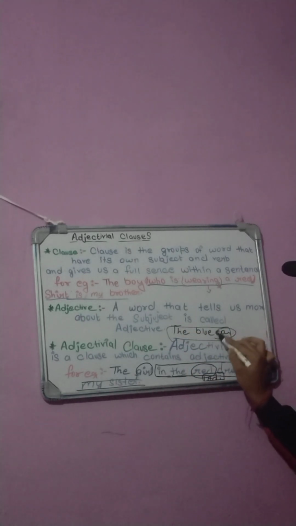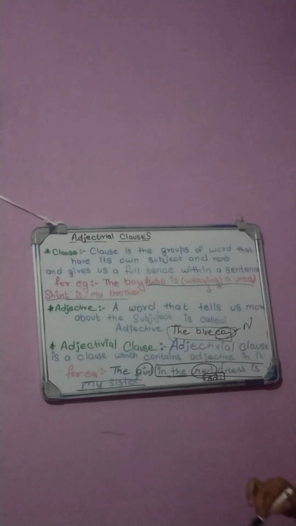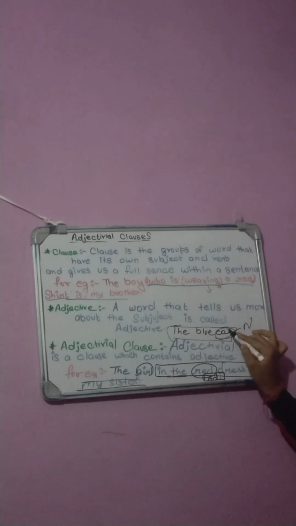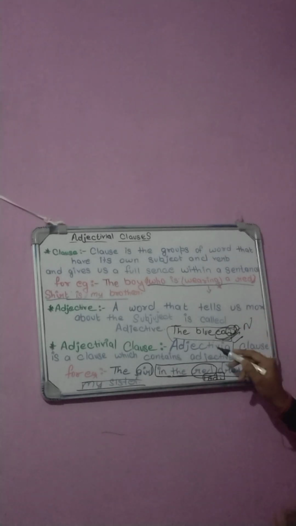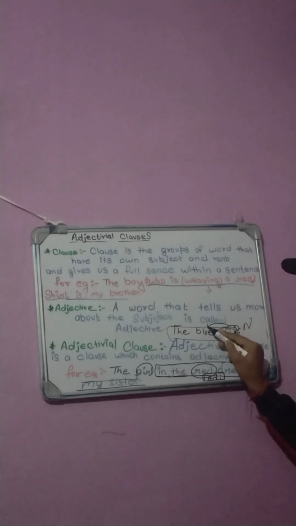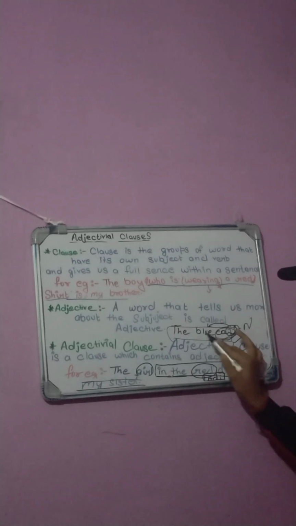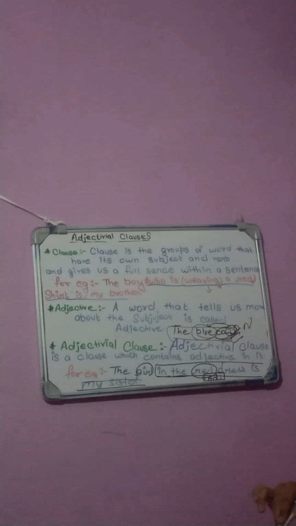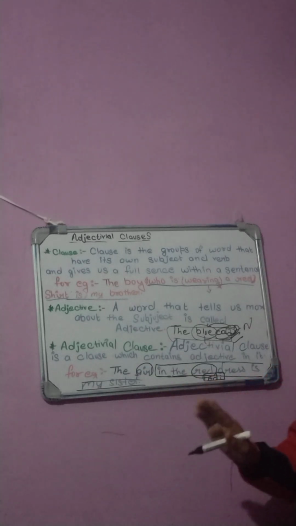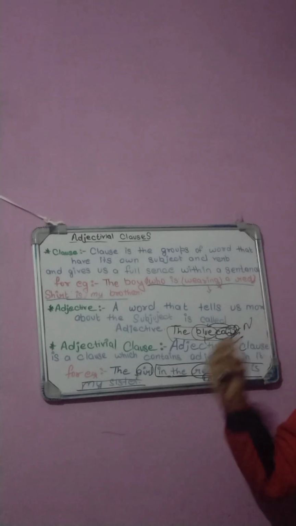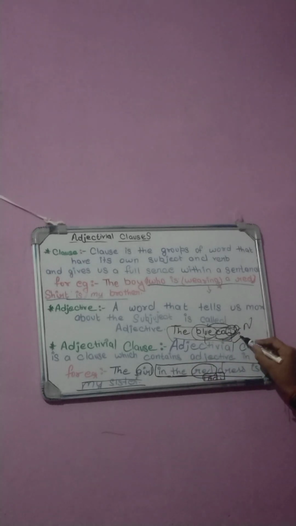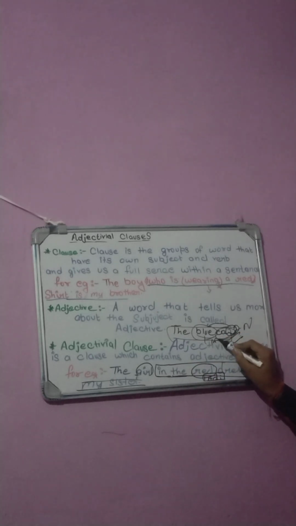Car is the noun. A word which tells us more about this car is called an adjective, and it comes just before a noun. So this is blue. If we omit this blue from the sentence, it has its own meaning and the meaning will remain the same. So this is the adjective over here.